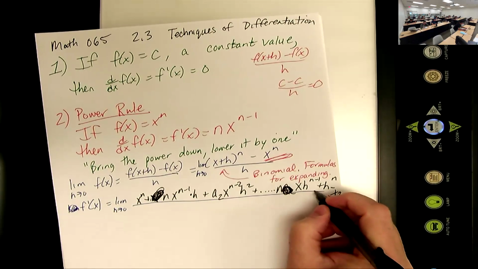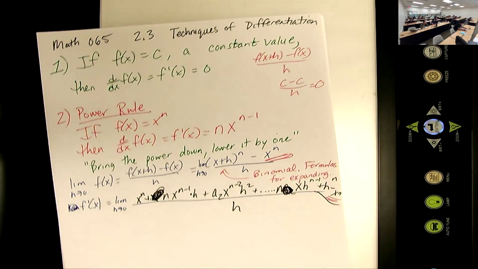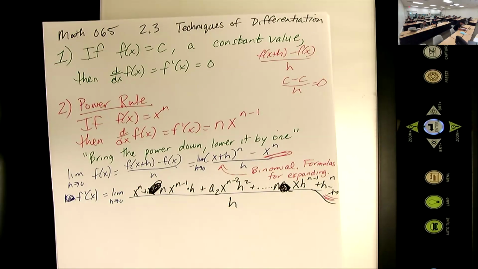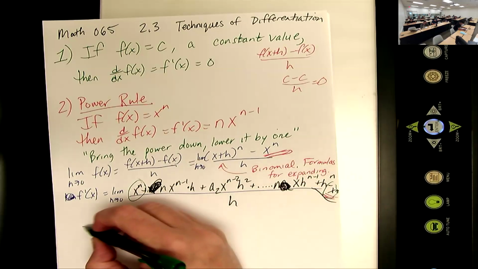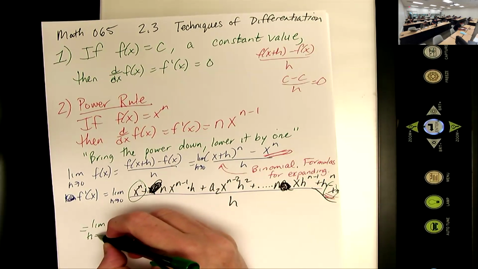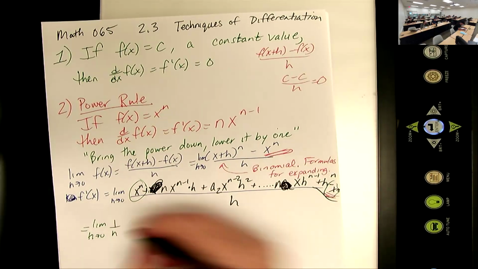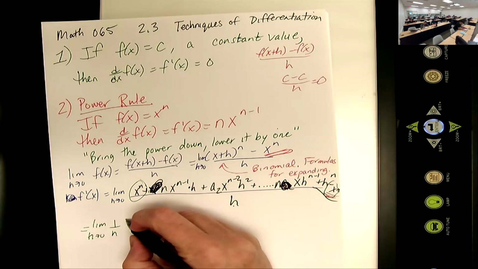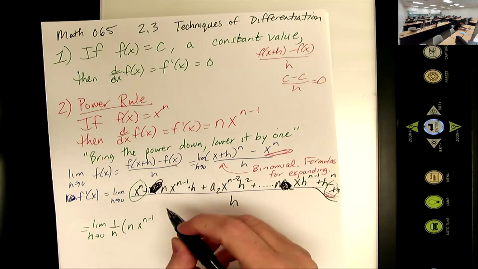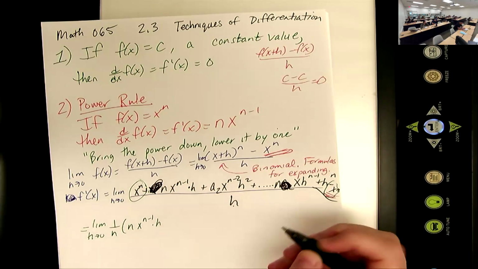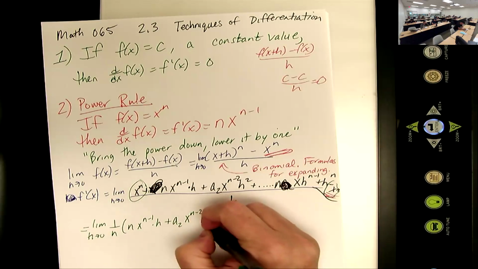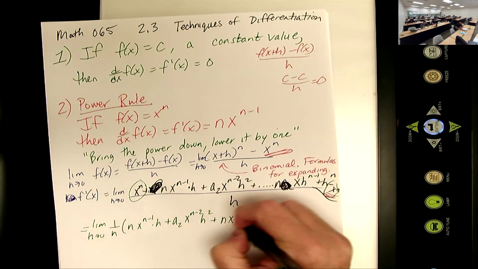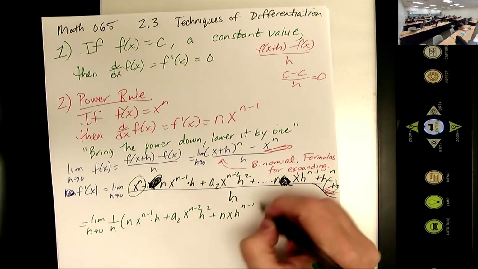I'm going to give myself a lot of room right there. The x to the n and minus x to the n cancel out. And we have limit as h goes to 0. I'm going to put 1/h out front. We have n times x to the n minus 1 times h plus a sub 2 x to the n minus 2 h squared plus n x h to the n minus 1 plus h to the n.